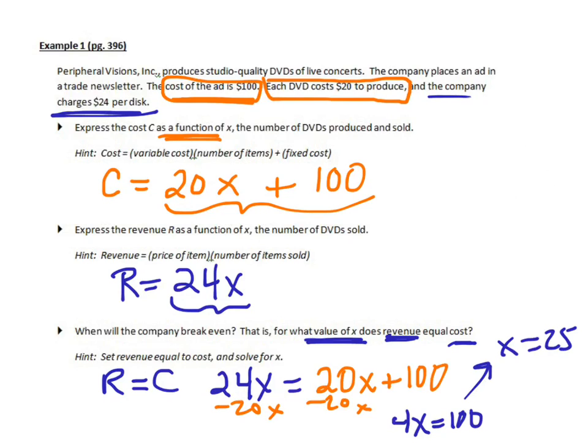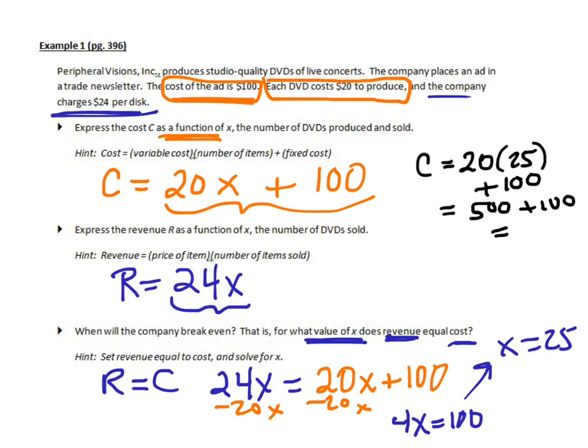So the cost of producing 25 DVDs would be $20 for each DVD, plus that $100 fixed cost, and that would be 500 plus 100, or $600.